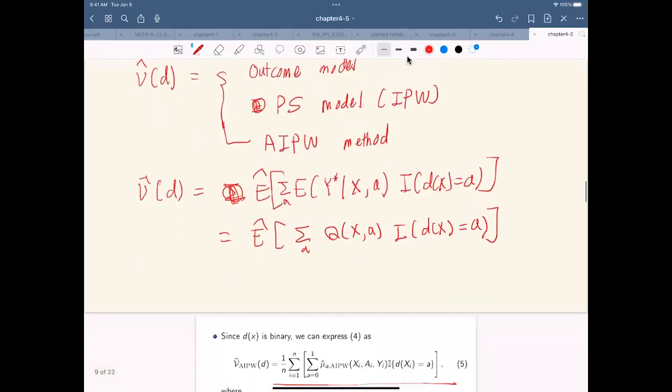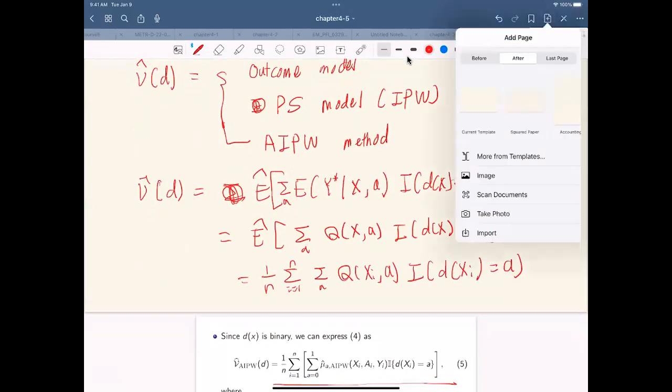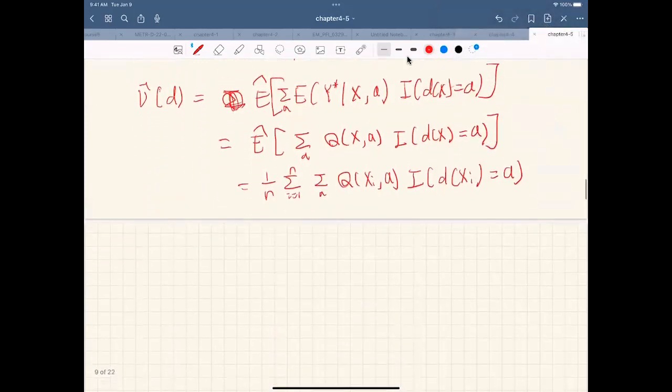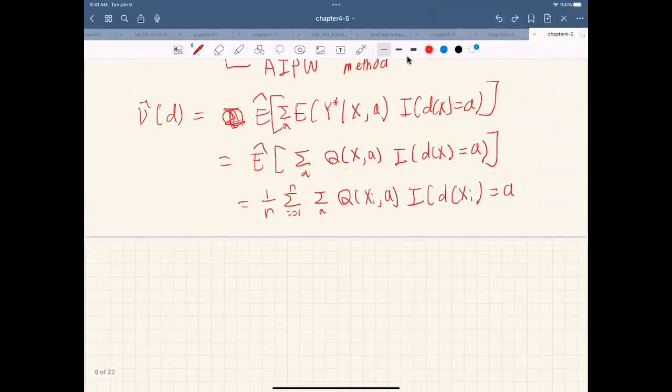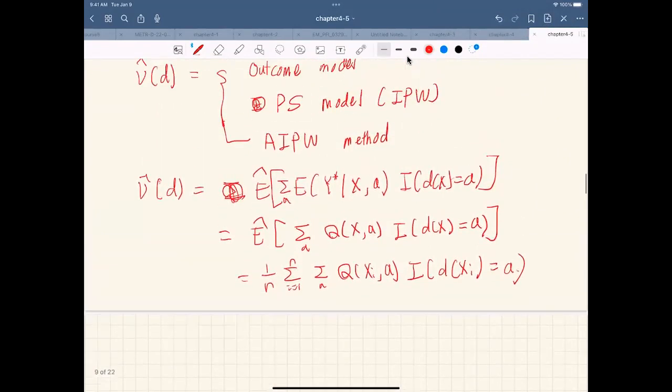Right. So that gives you something like this. That's for the outcome model.